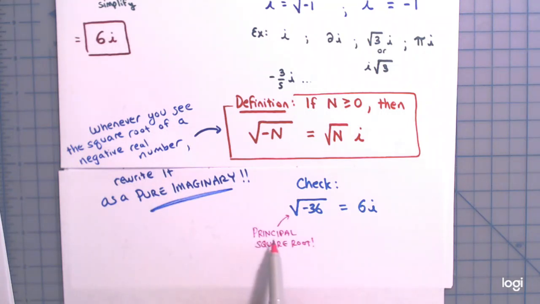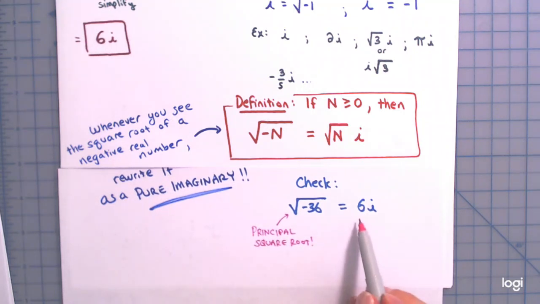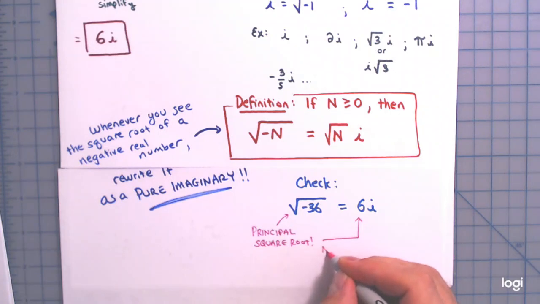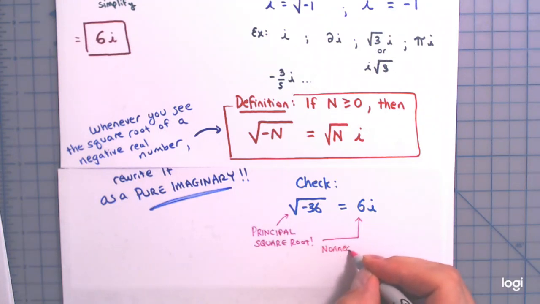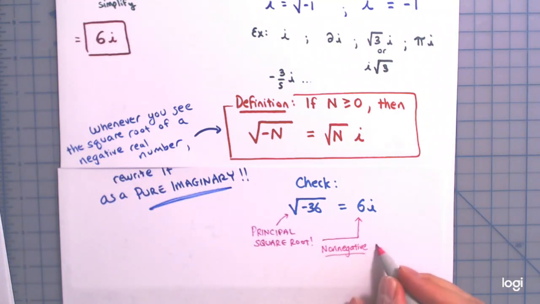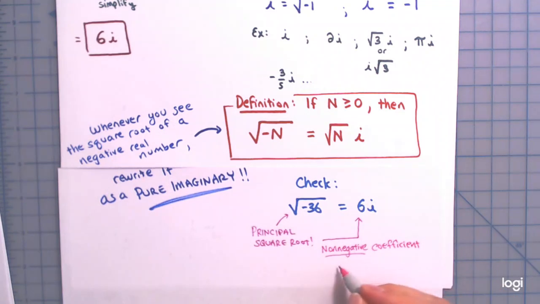So when you see this symbol, again, this is the principal square root, meaning I'm going to have a non-negative coefficient on the i. All right, so pay attention to that. Be careful with that.